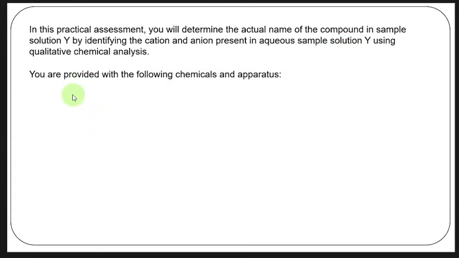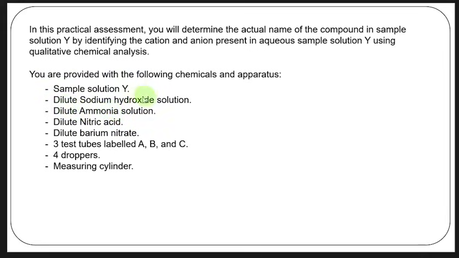Then you are provided with the following chemicals and apparatus: sample solution Y, dilute sodium hydroxide solution, dilute ammonia solution, dilute nitric acid, dilute barium nitrate, 3 test tubes labeled A, B, and C, 4 droppers, and a measuring cylinder.